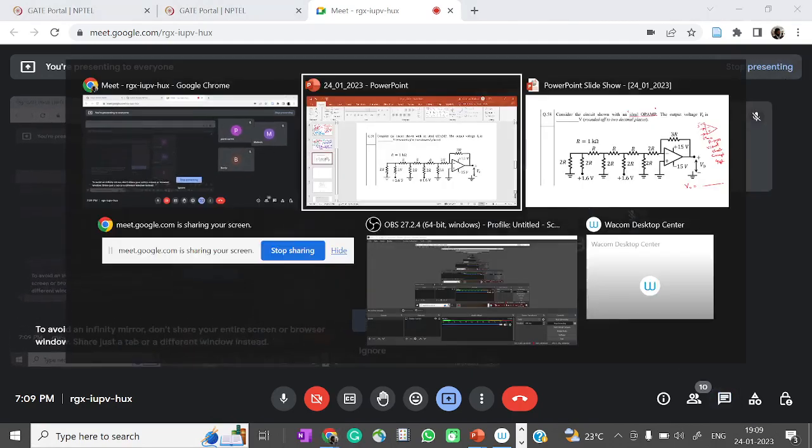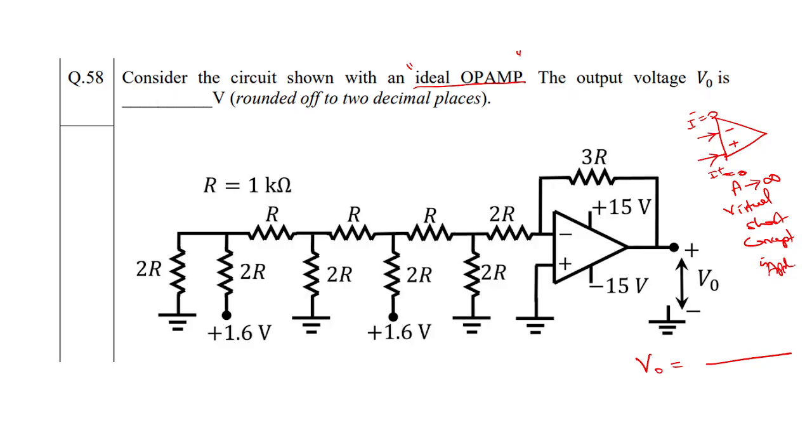So what does the superposition theorem say? If there are multiple sources, then first you find the effect of one by disabling the other sources. Disabling a voltage source means V equal to 0, which means short circuit. Disabling a current source means I equal to 0, which means open circuit.